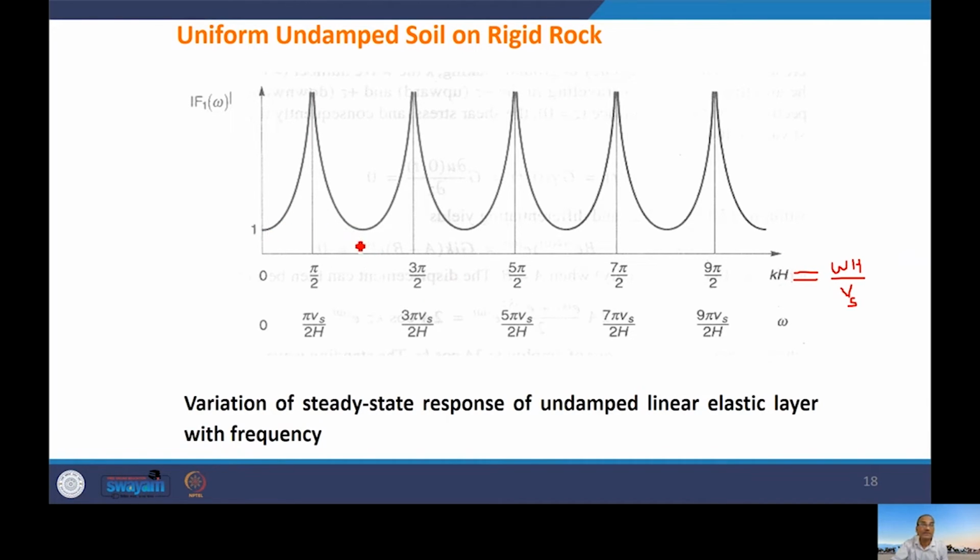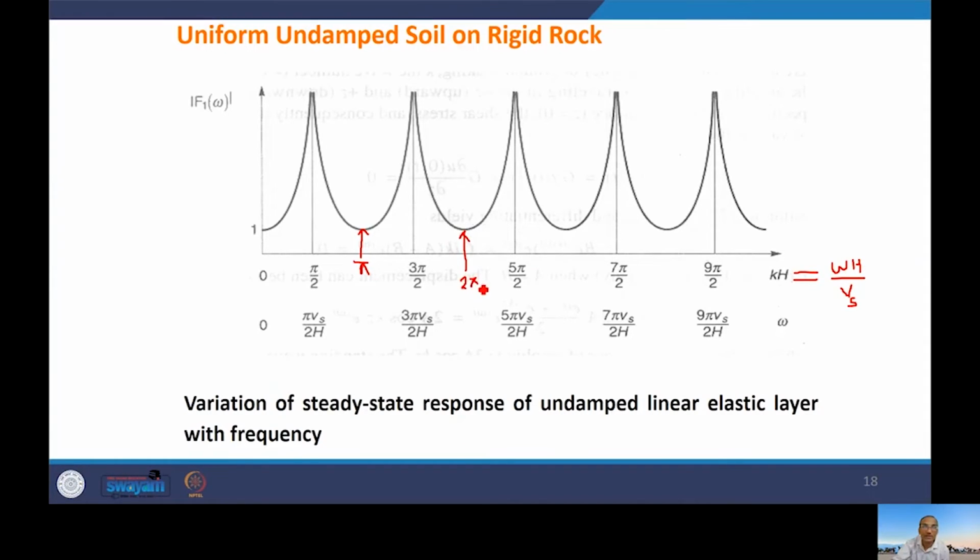So this is 1 at kh equal to pi, and again at 2 pi, where cos is 1 in magnitude.